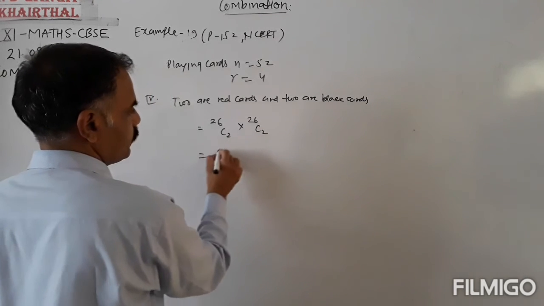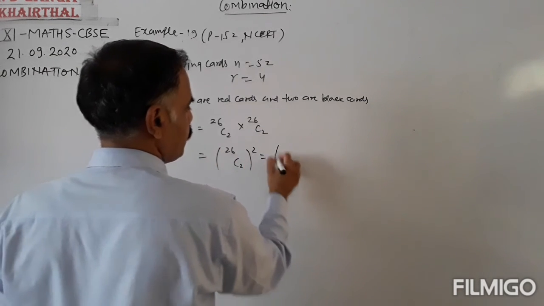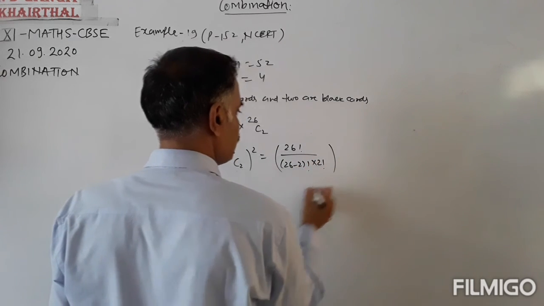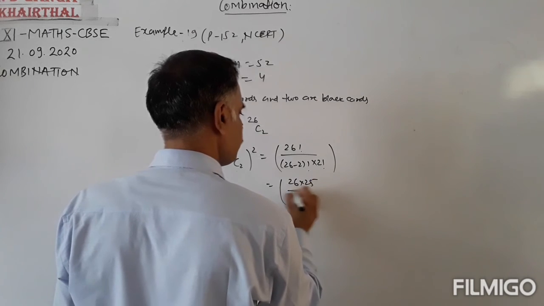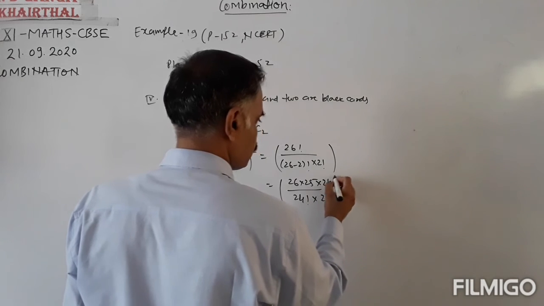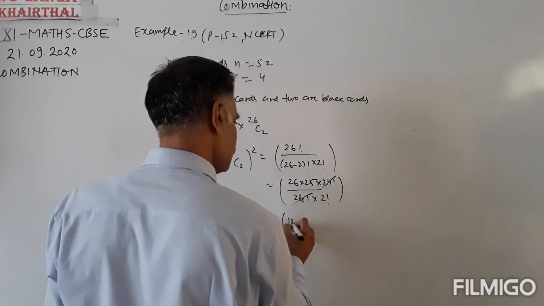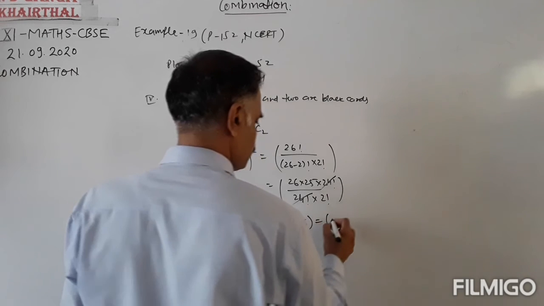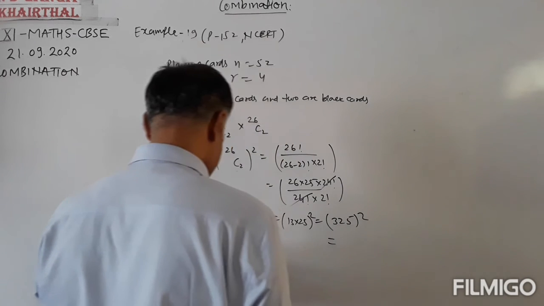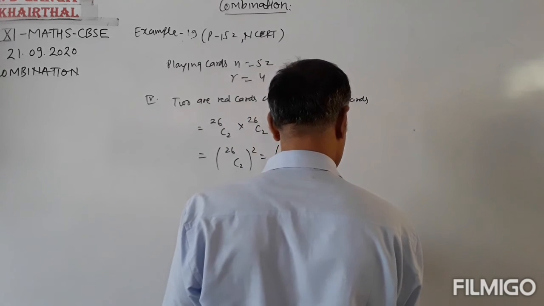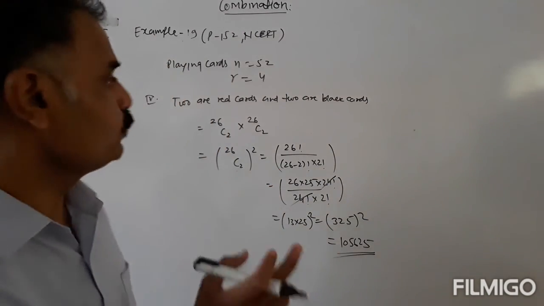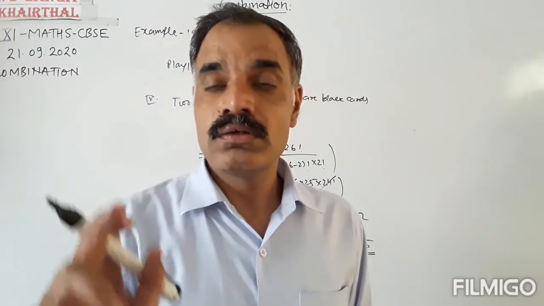So 26C2 squared. 26C2 equals 26 factorial upon (26 minus 2) factorial into 2 factorial, that is 26 into 25 upon 2, so 13 into 25, equals 325. So 325 squared equals 105625. So this is the total number of combinations when we have two red cards and 2 black cards.